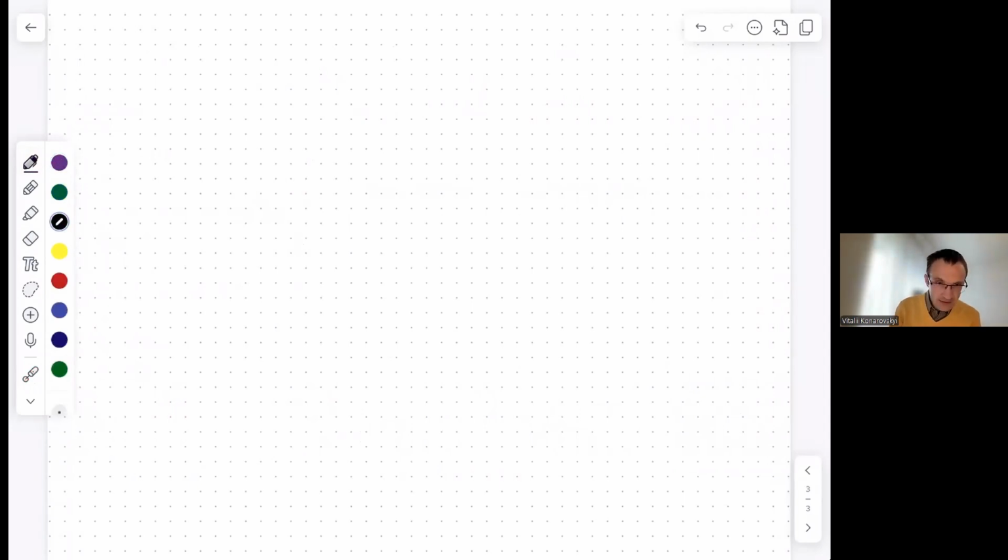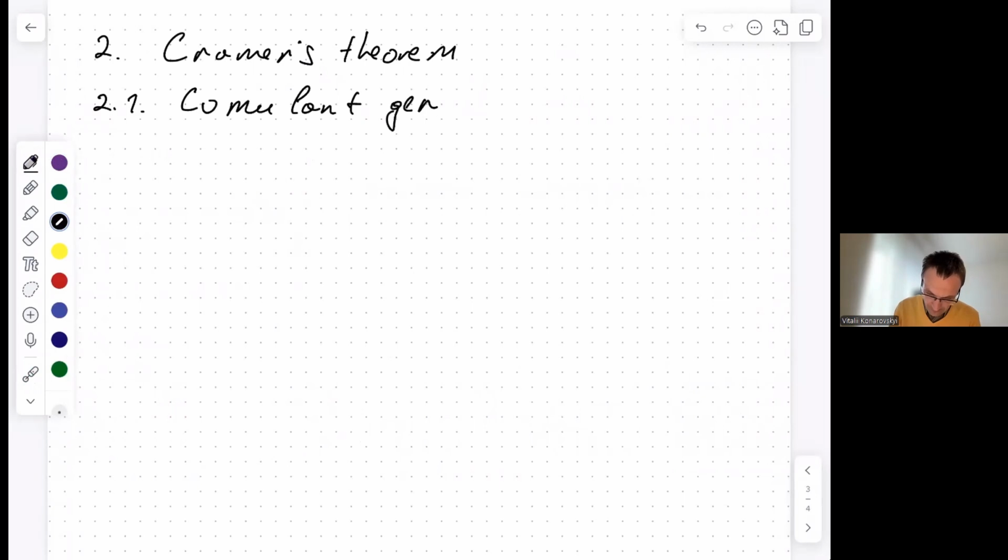We will call that section, first of all, the Cramér theorem. And the second is the cumulant generating function. Then let's consider, as before, a family of independent, identically distributed random variables, but now not necessarily Bernoulli distributed.